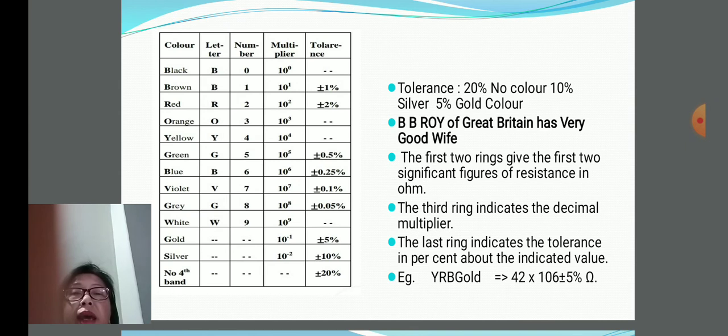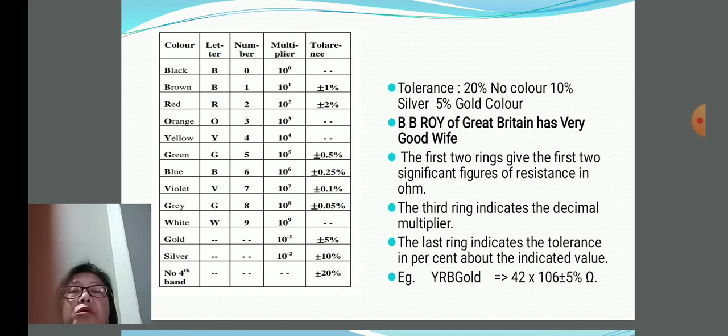But look at the values, how they have been given, and look at the colors. Black, the letter given is B. Brown also, the first letter starts with B, red starts with R, orange starts with O, yellow starts with Y, green is G, and blue starts with B, violet starts with V, gray starts with G again.